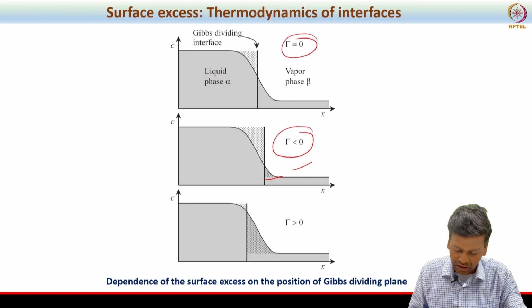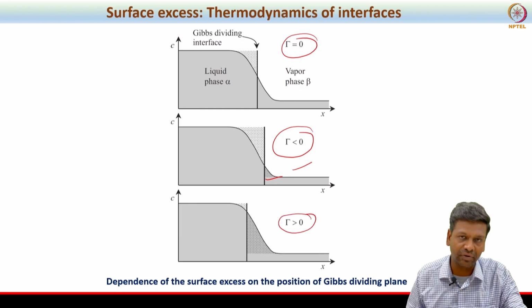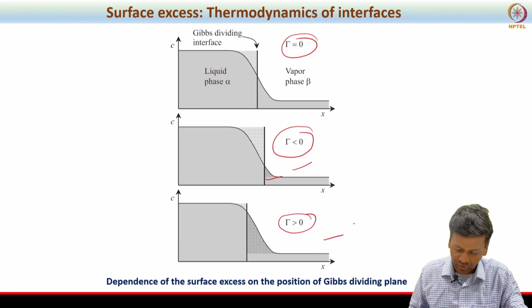If you choose the dividing plane a little farther from the midpoint towards the left, you would expect positive surface excess. So this will lead to some setback, right, because we are not able to choose the reference plane in an appropriate way.